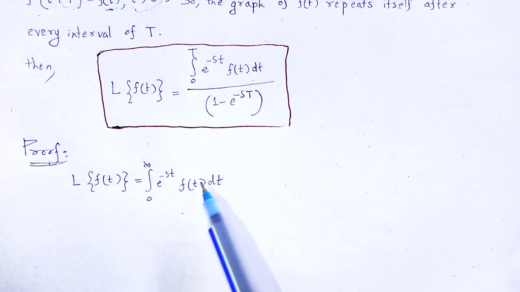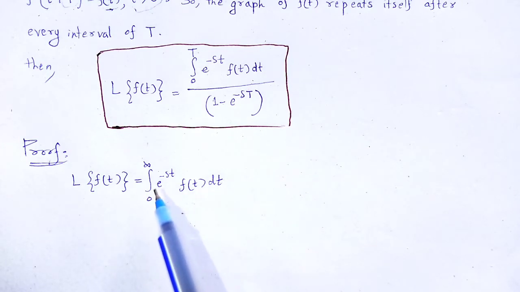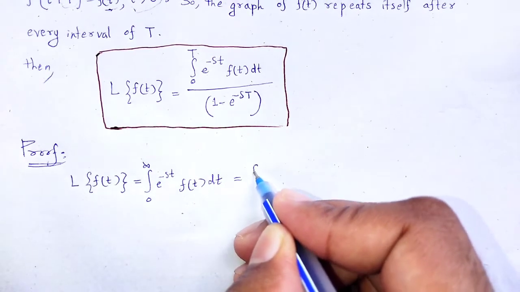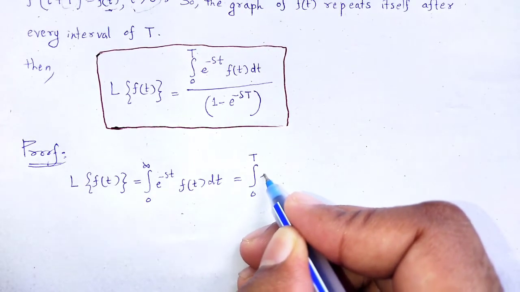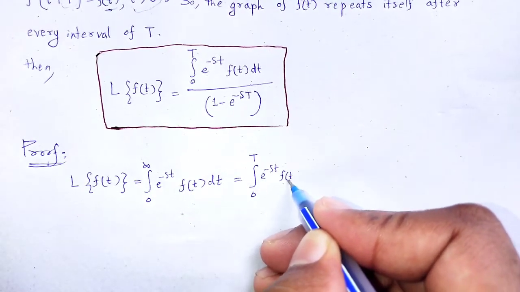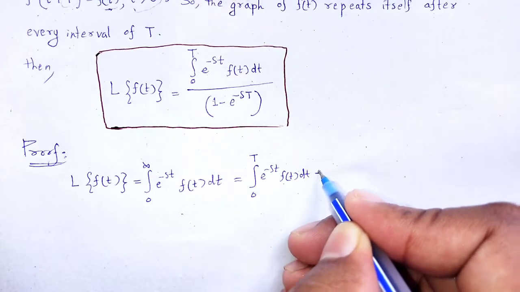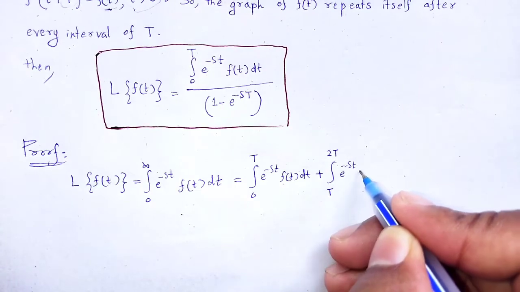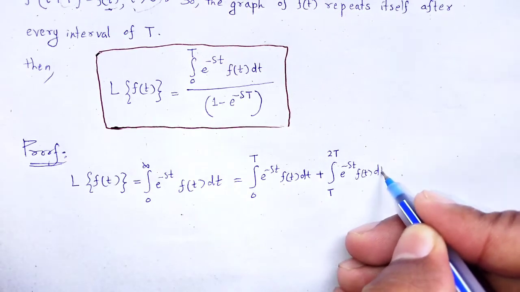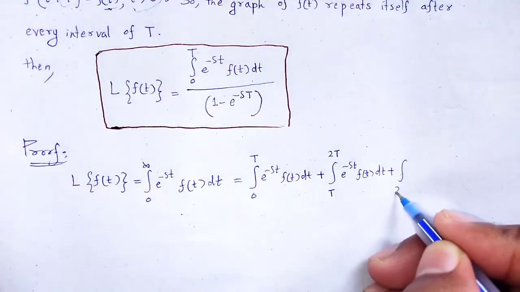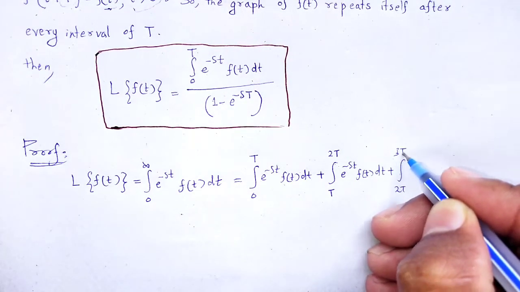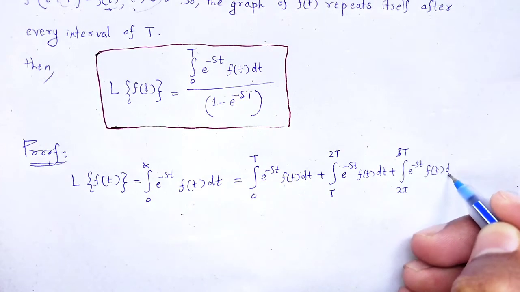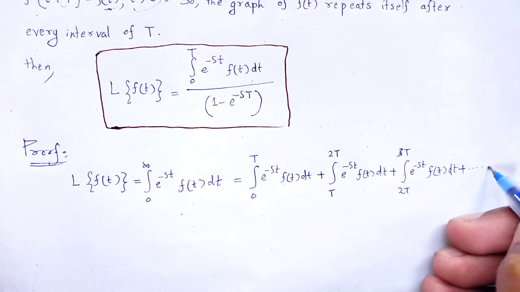Since f of t is a periodic function, the limit can be changed as integration from 0 to T e to the power minus st f of t dt plus integration from T to 2T e to the power minus st f of t dt plus integration from 2T to 3T e to the power minus st f of t dt, and it continues so on.